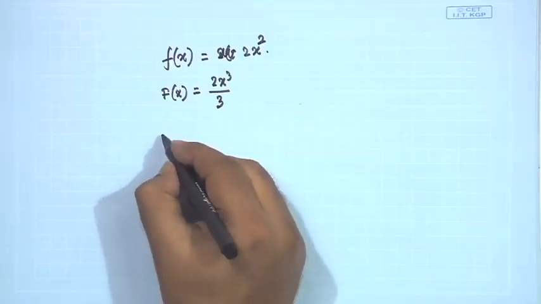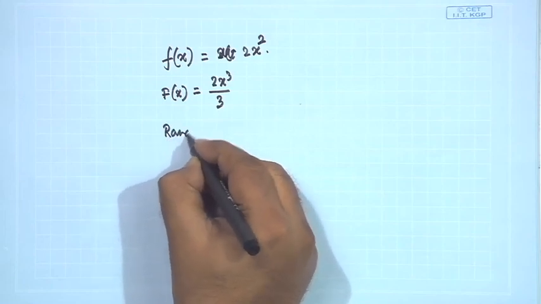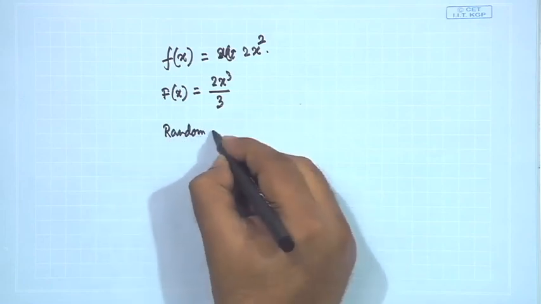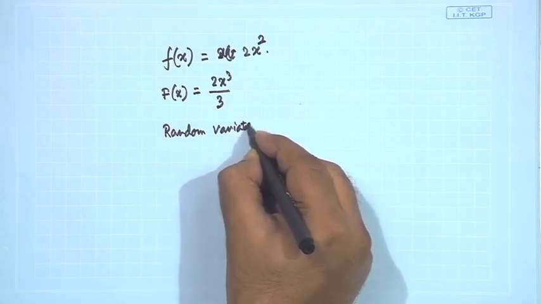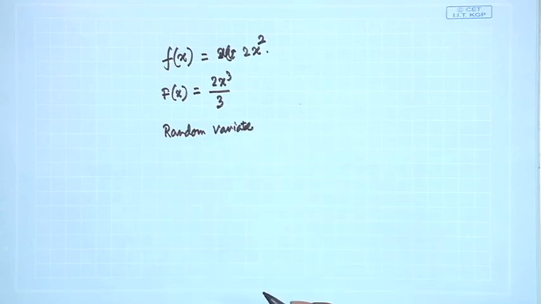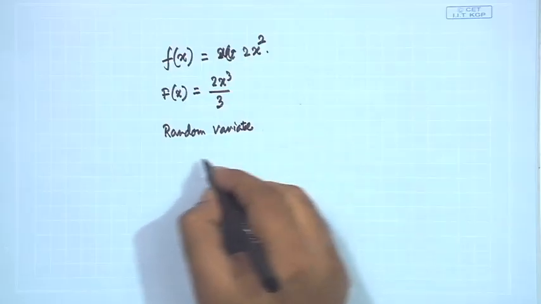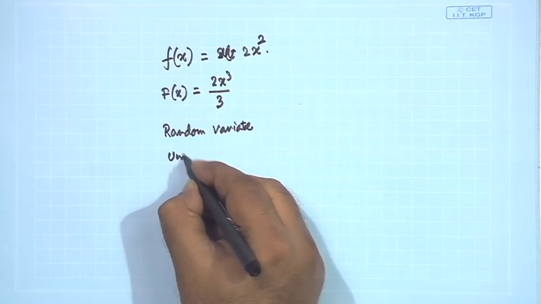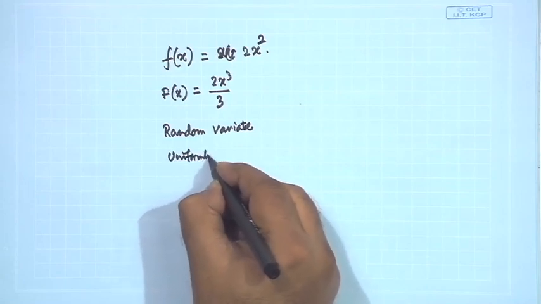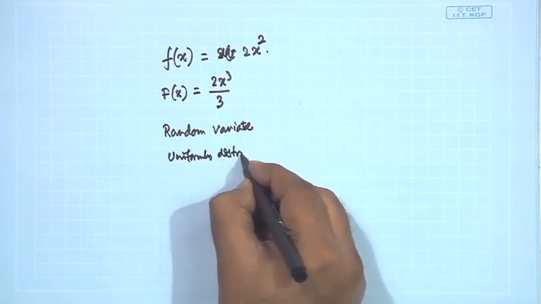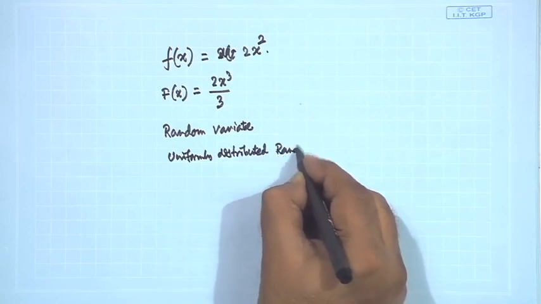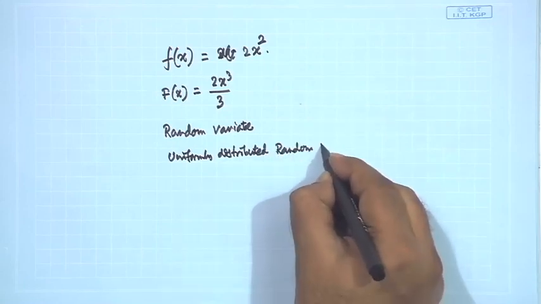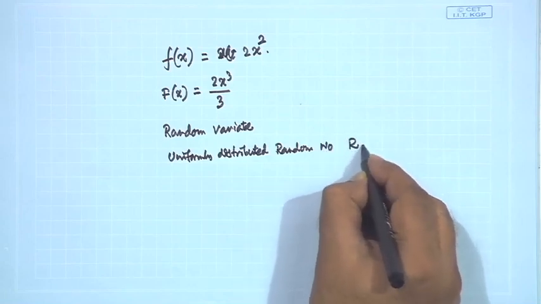So, if we want a random variate, we then equate it to a uniformly distributed random number. r is taken.